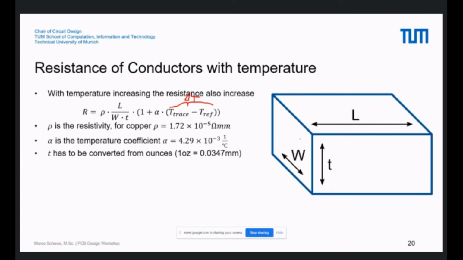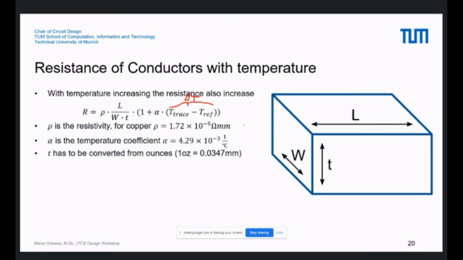And the thermal can have a flux. That means the heat flows from one point to the other point, and you can also heat other components. 2 years ago, I designed a DC-DC converter where I didn't check the thermal formula here. And at the end, my traces heated up.